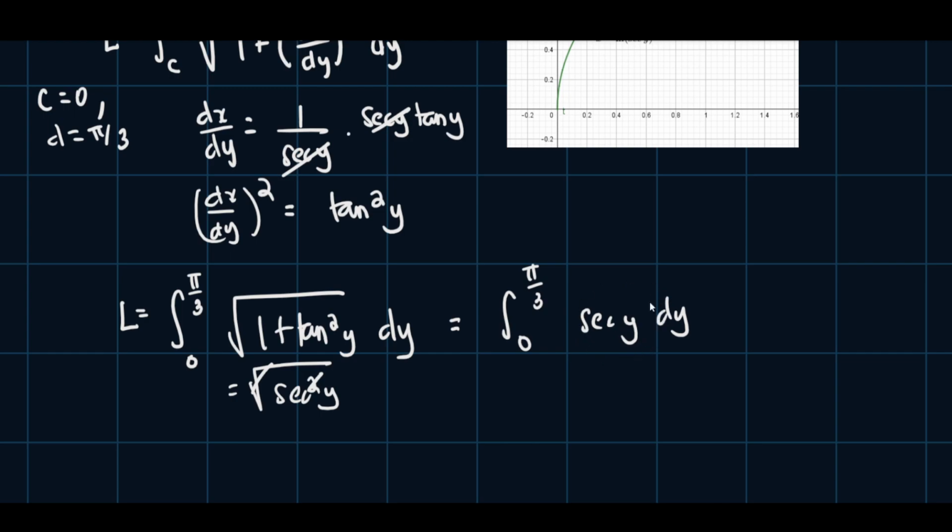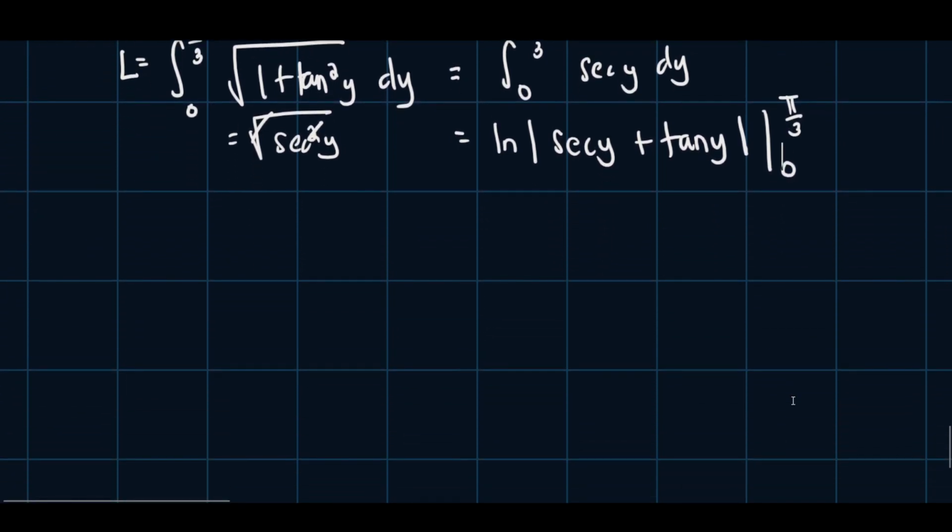And we have discussed the formula that will give us the integral of secant y. So, that is ln ng absolute value of secant y plus tangent y. Evaluate natin to from 0 to pi over 3. Okay, evaluating from 0 to pi over 3.